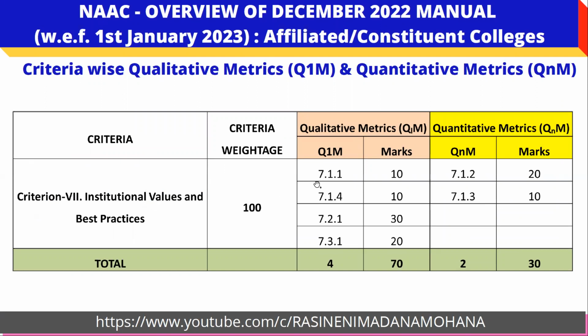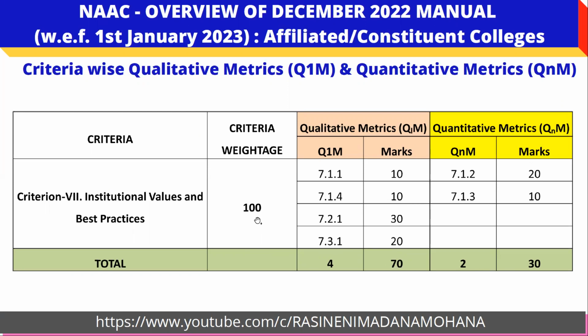There are 4 qualitative metrics: 7.1.1 with weightage 10, 7.1.4 with weightage 10, 7.2.1 with weightage 30, 7.3.1 with weightage 20. Total 4 qualitative metrics with 70 weightage. Then 2 quantitative metrics: 7.1.2 weightage is 20, 7.1.3 weightage is 10, total 30. So the total weightage of Criterion 7, 70 plus 30, 100.